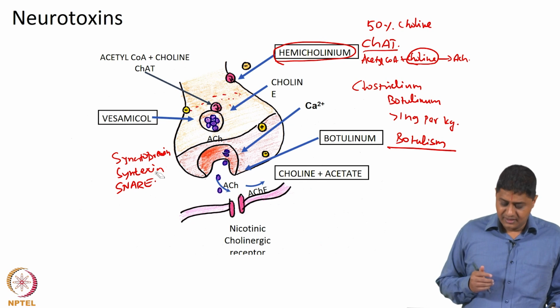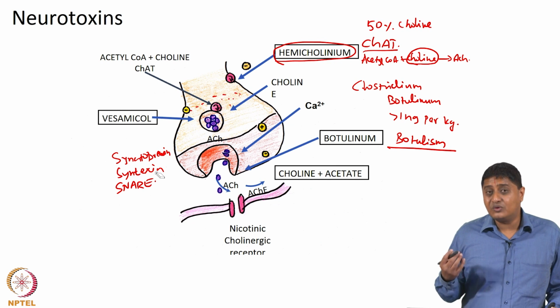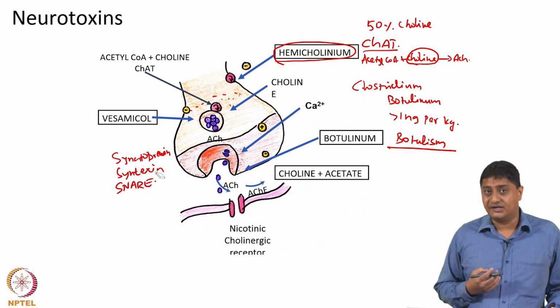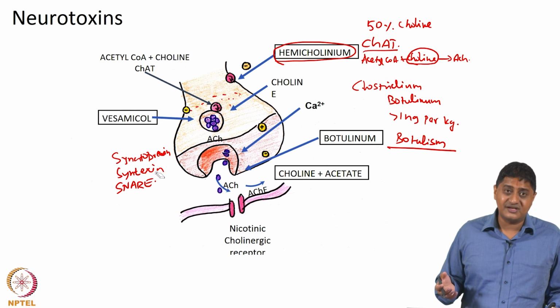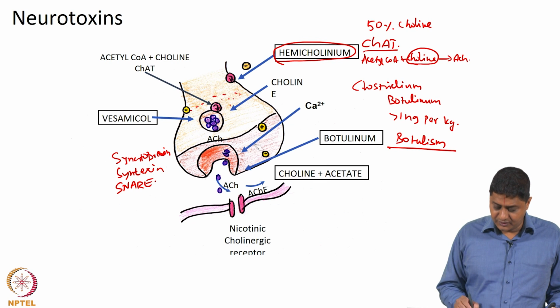Then what will happen? Then the vesicles can no longer fuse with the membrane and exocytose the acetylcholine. So, vesicles will be present, they will have acetylcholine, but they will not be able to fuse and release acetylcholine into the synaptic cleft, essentially leading to a situation where all the acetylcholine is present in the presynaptic terminal, and no acetylcholine is released in the synaptic cleft.